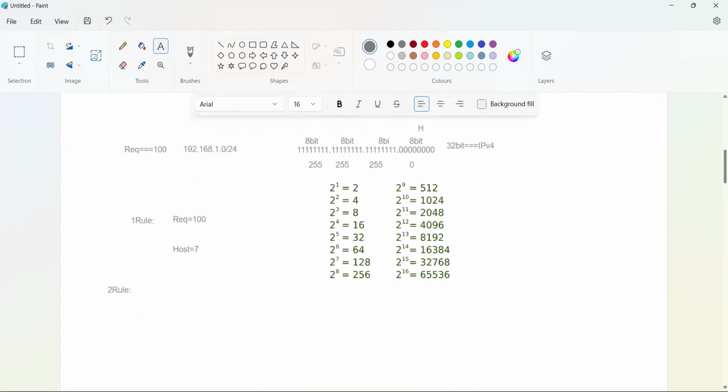See, I have taken here only one host bit now. 0, 1, 2, 3, 4, 5, 6. These are all zeros.